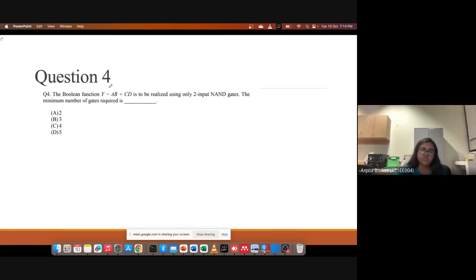You have to make y equal to A into B plus C into D by using these two-input NAND gates. So the number of gates required is how many?